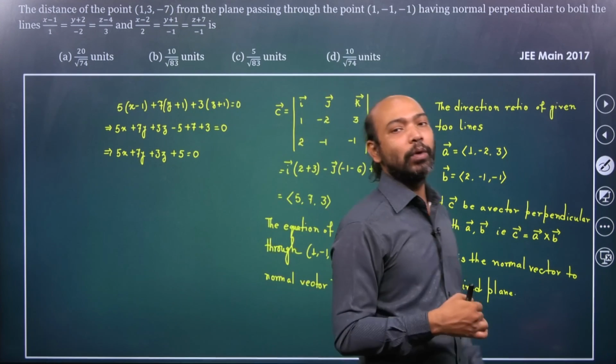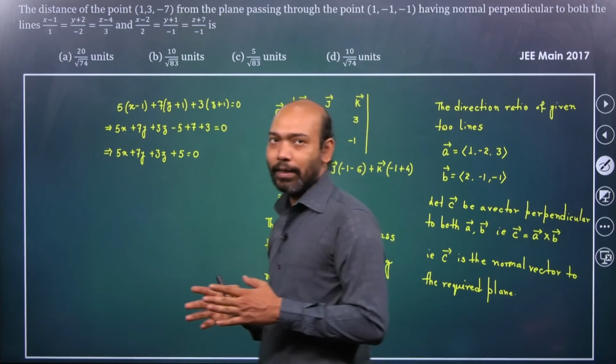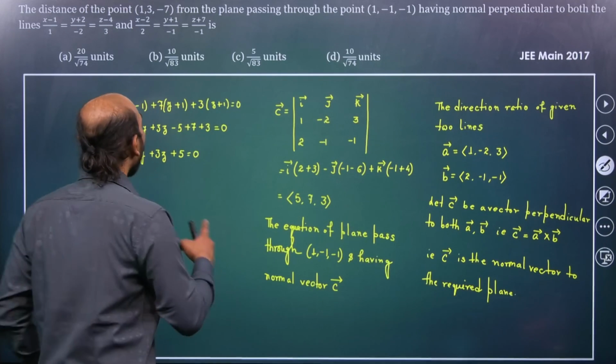Now what are we looking for? We are looking for the perpendicular distance from the point (1, 3, -7).